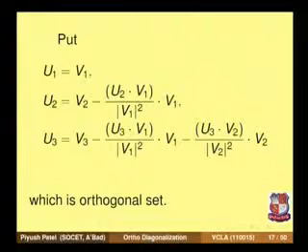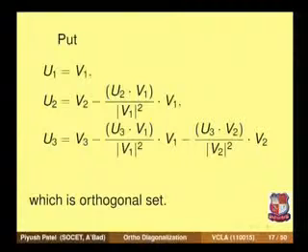The vector u3 is v3 minus the projection of v3 on v1 minus the projection of v3 on v2, that is, v3 minus inner product of v3 and v1 upon norm of v1 squared into v1, minus inner product of v3 and v2 upon norm of v2 squared into v2.